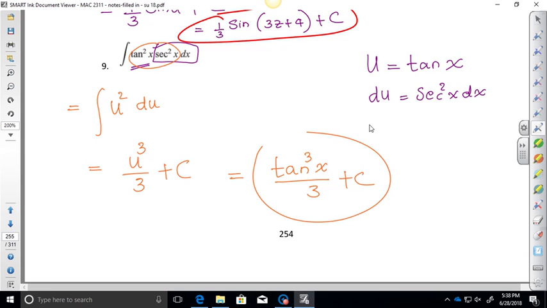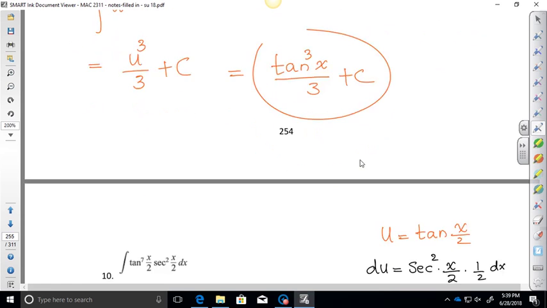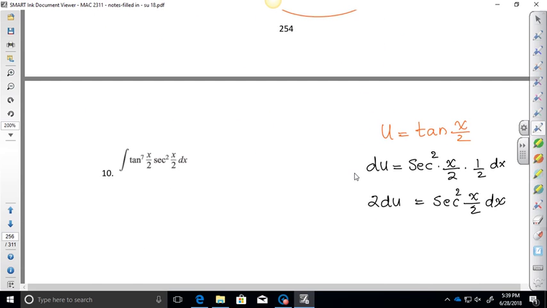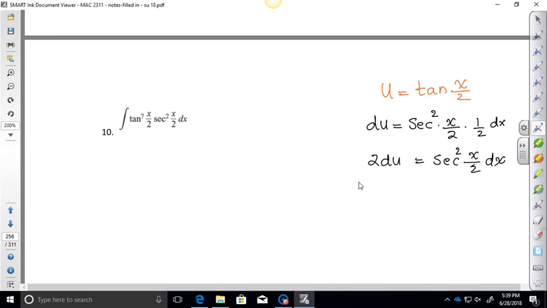Yeah. But here this is just x, so we don't have to do inside. The derivative of x is just 1. But here we have a coefficient with x, which is 1/2. That's why we are multiplying by 2. That is chain rule.